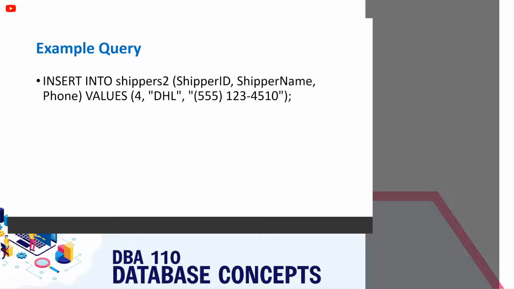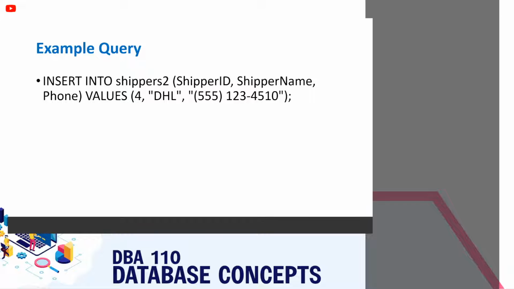So these are each of the columns that are in said table. One of the interesting things we need to notice is that the order of the column names in this first set of parentheses matches the order of the values in the second set of parentheses.